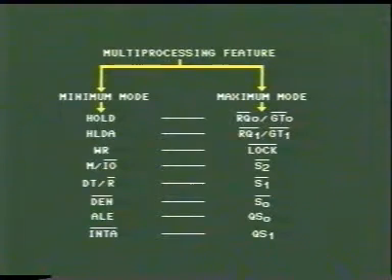In this mode, the hold and hold acknowledge lines are transformed into two sophisticated signals known as request/grant0 and request/grant1 lines.